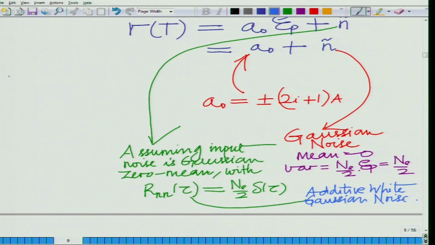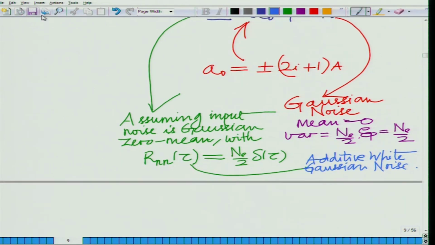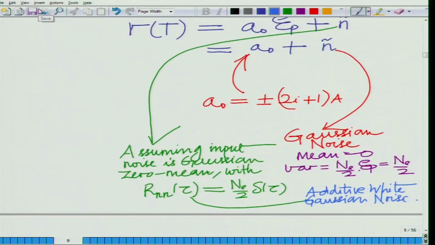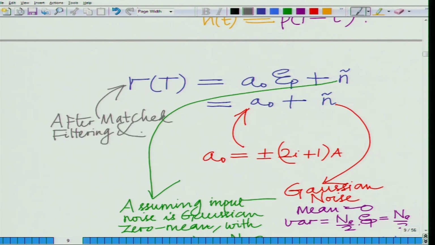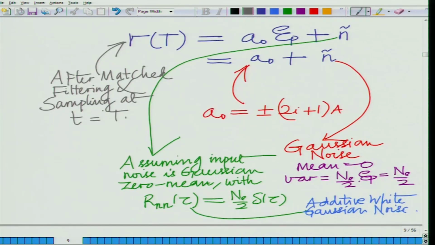Again, let me clarify, this is after match filtering and sampling at t equal to T.